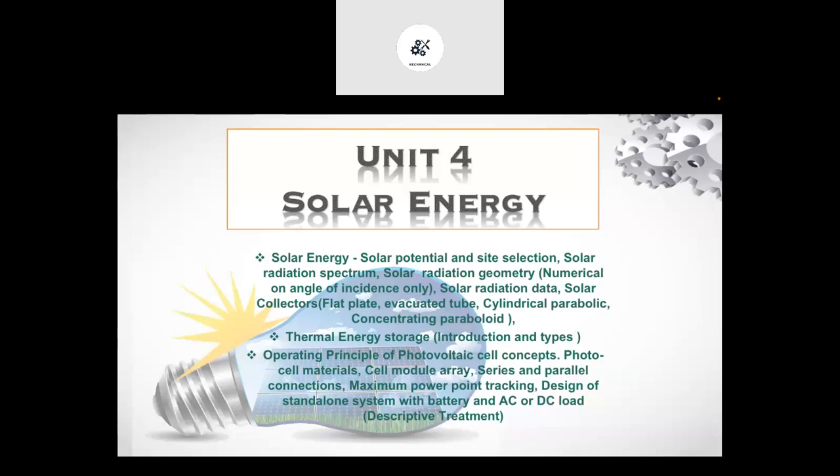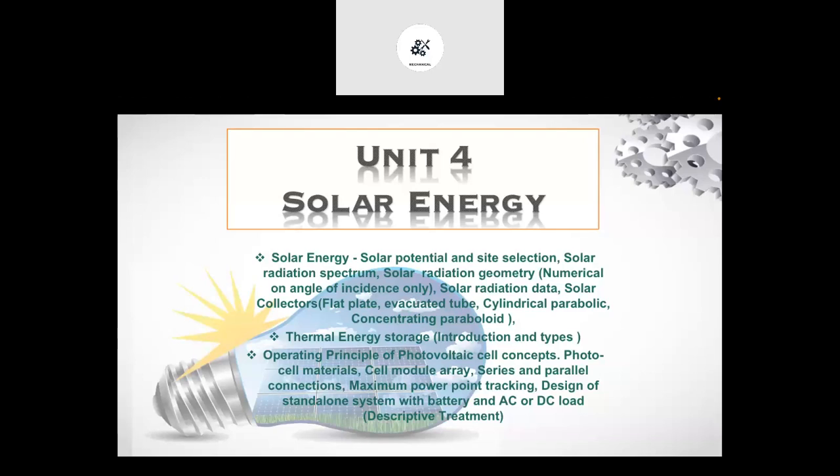Some of that radiation is in the infrared region, some of it is in the X-ray region, etc. So variations are there in the solar energy which we receive on the Earth's surface. That radiation spectrum we are going to see, and which range of wavelength is very useful for us to collect the thermal energy.